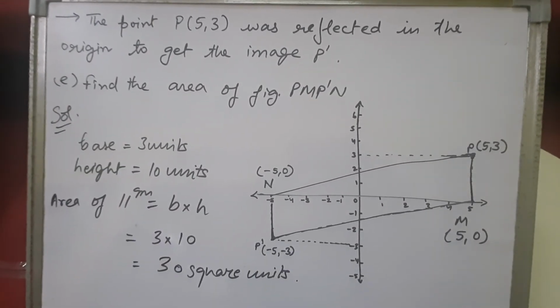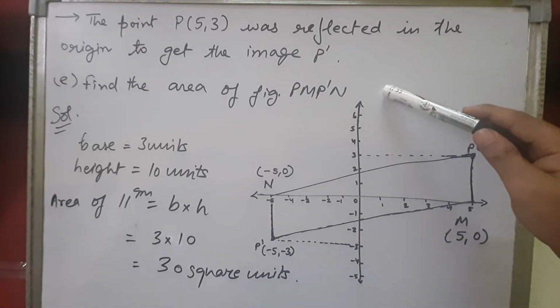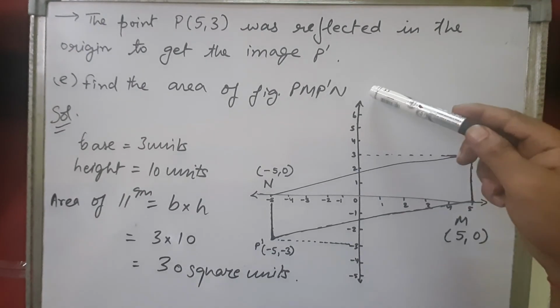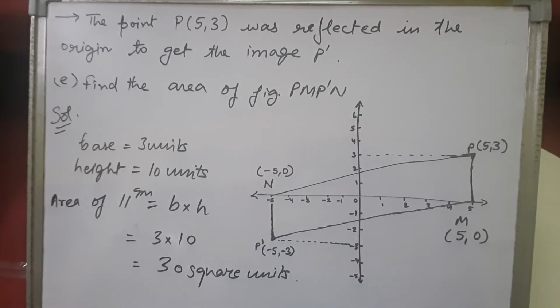Let's see the last part of the sum. In this part, the question says find the area of the figure PMP'N. That means the figure we observed to be a parallelogram, right? Now, to find the area of this parallelogram, we know that the formula for the area of a parallelogram is base into height. So what I have done is considered this smaller side as the base.